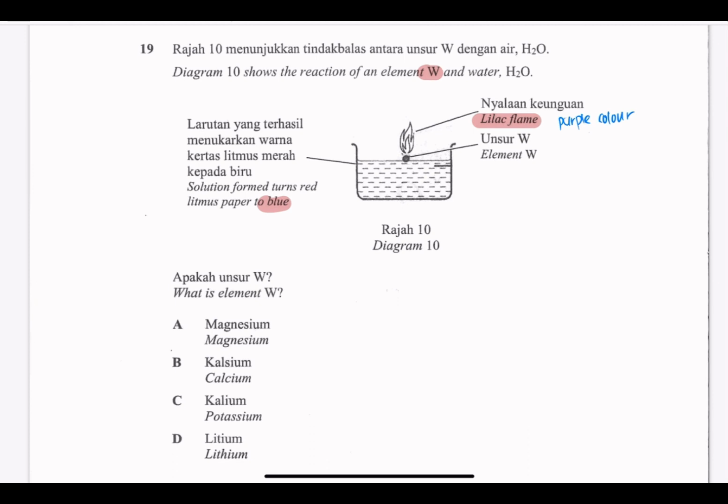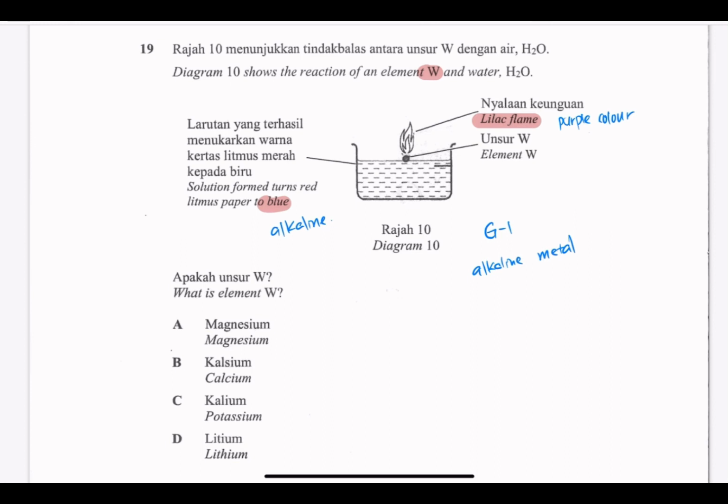This shows that W is alkaline, it will form an alkaline solution after reacting with water. Okay, what is the element W? W should be group 1 because group 1 metals, when they react with water, will form an alkaline solution.